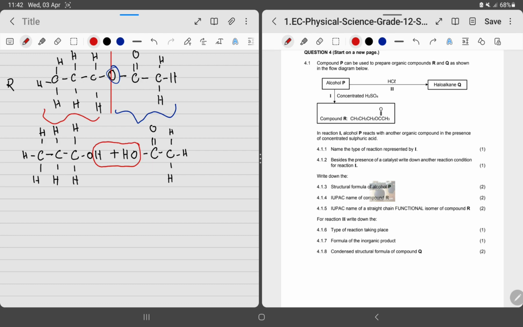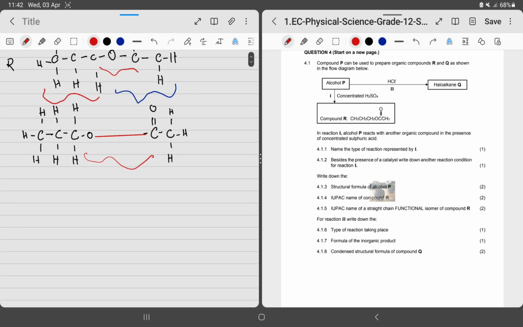So this is me removing the water, right? And then I'm just simply going to connect these two. So as you can see, this is the same as that. So that is how you produce an ester.